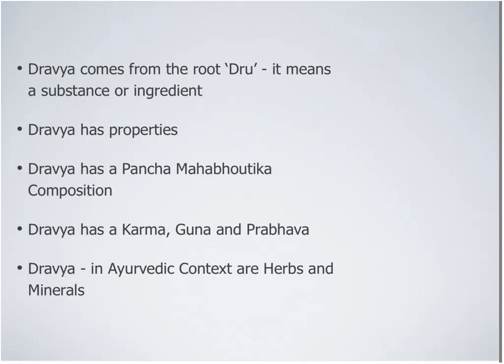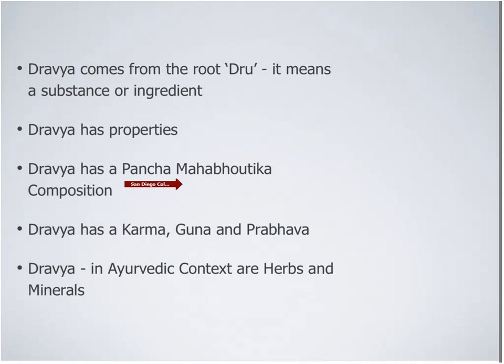We talked about how Dravya comes from the Sanskrit root dhru. It means any substance or ingredient which has a quality. Each Dravya has a Pancha Mahabhutic composition, so it's high in either ether, air, fire, water, or earth.